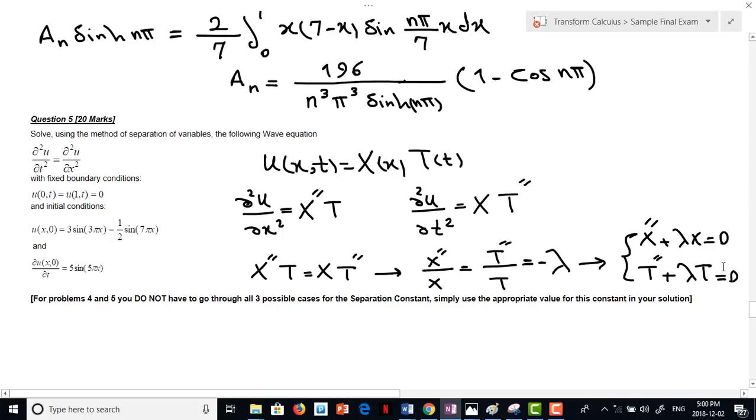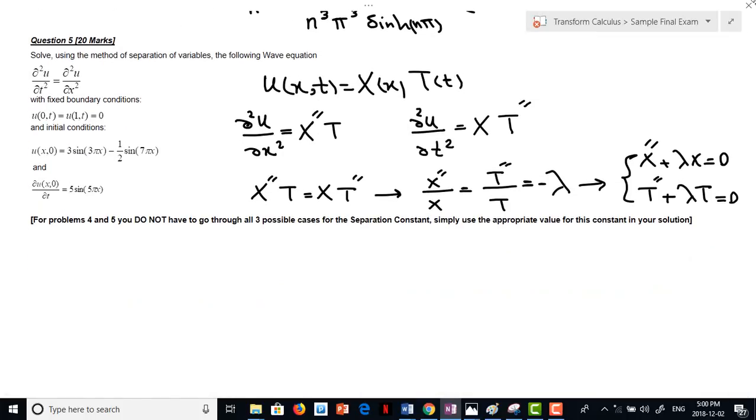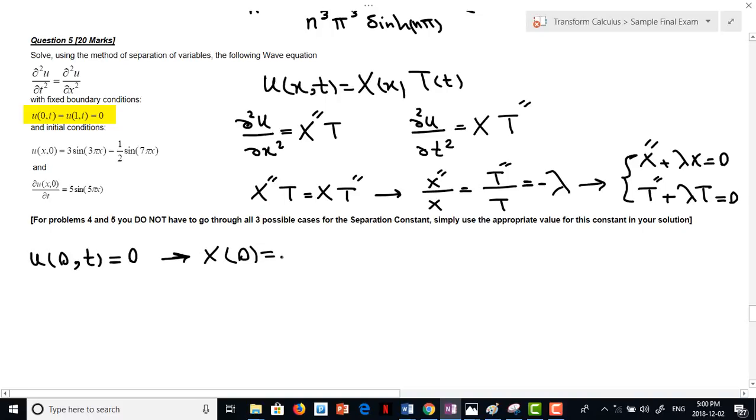Now we have to go through the boundary conditions. We have two boundary conditions. The first one says that u of 0 and t is equal to 0. As a result, X of 0 is equal to 0. The second one says that u of 1 and t is equal to 0.